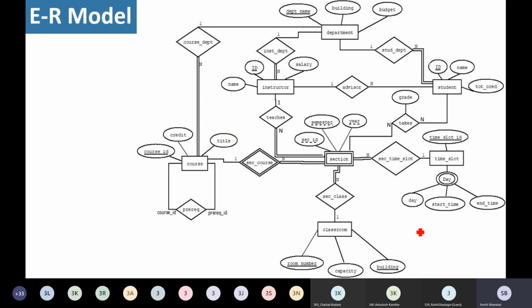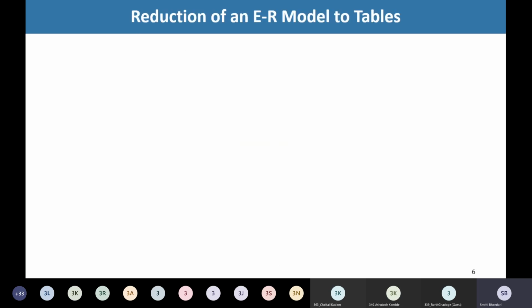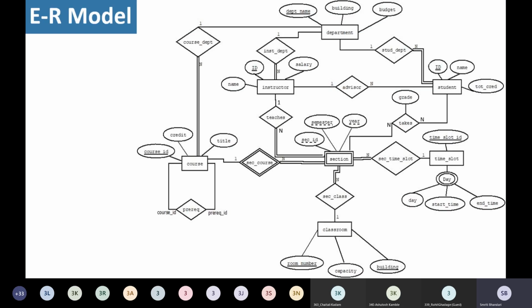Fine. So let's proceed now with the concept of reduction of ER model to tables. While designing any database application, first of all, after going through the problem statement and understanding the requirements of the enterprise, we come up with such an ER model. ER model is basically the conceptual model.